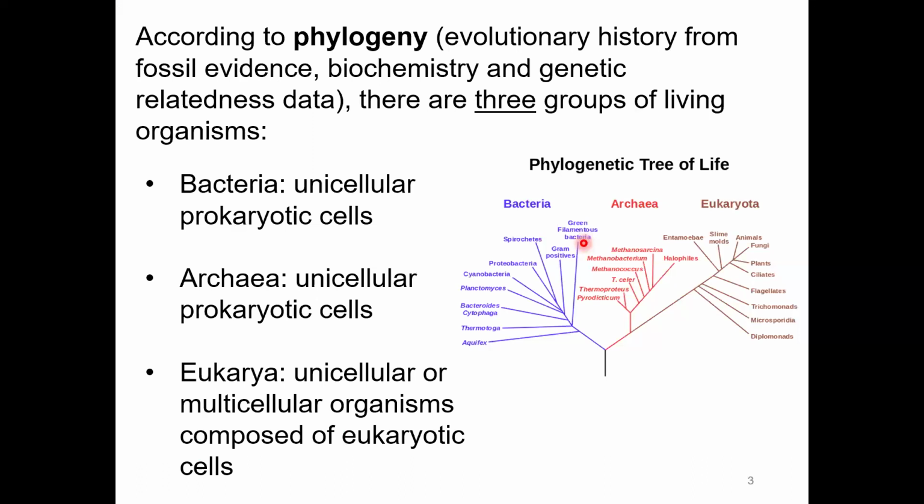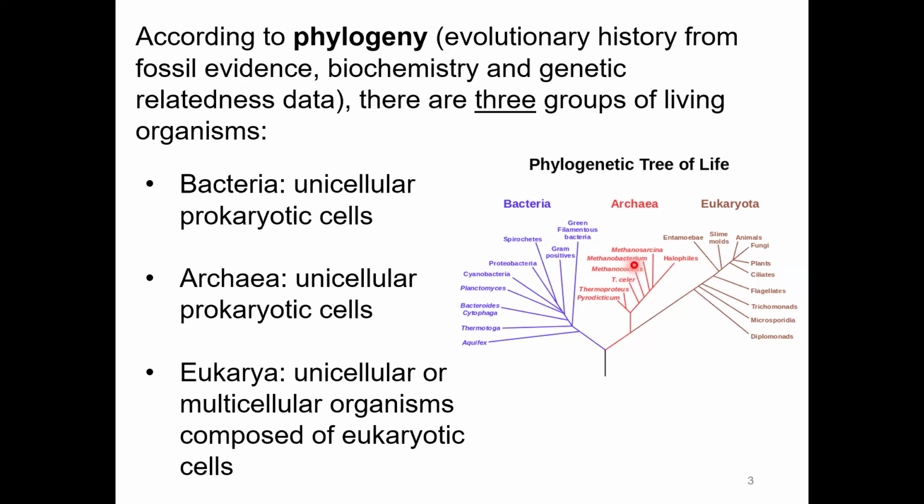Now, according to phylogeny, there are three groups of living organisms. The first one is bacteria, where they are unicellular prokaryote cells. Then we have archaea, which are also unicellular prokaryotic cells.